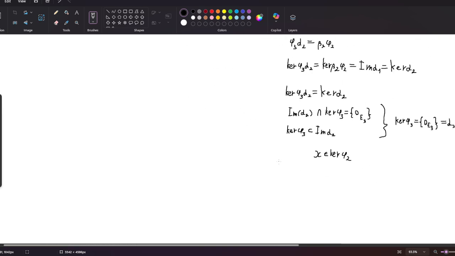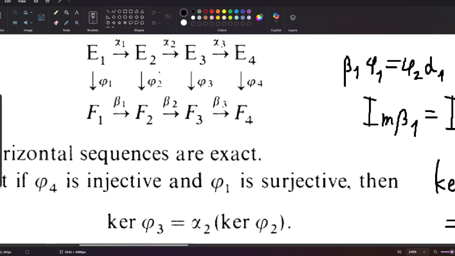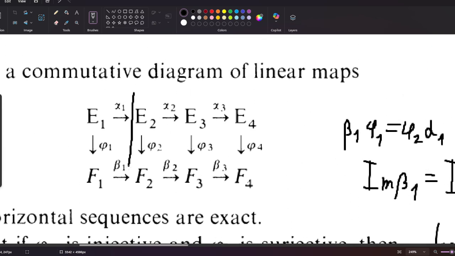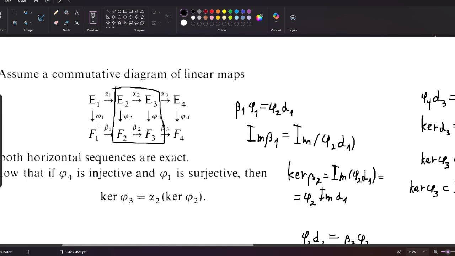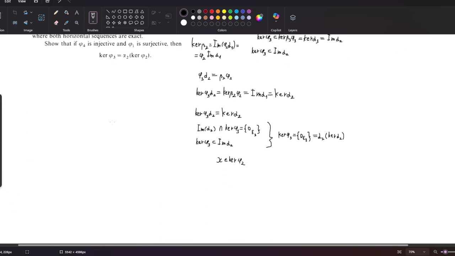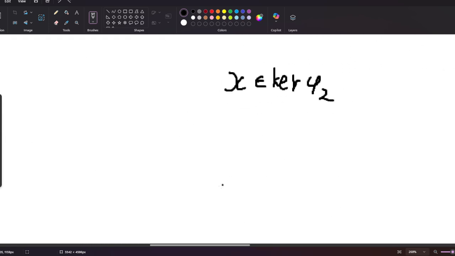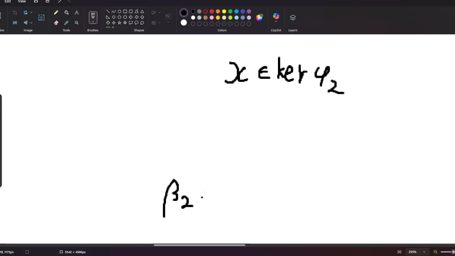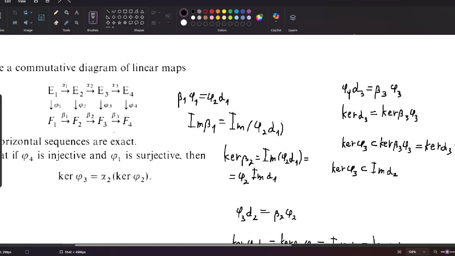Now let's go back to the diagram again and look into this part here. Let's look into the compositions beta 2 phi 2 and phi 3 alpha 2. So beta 2 phi 2 is equal to phi 3 alpha 2.